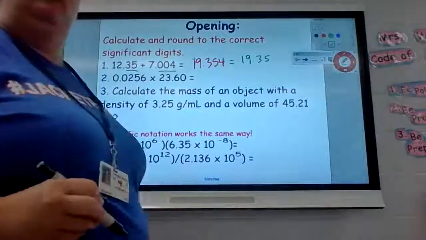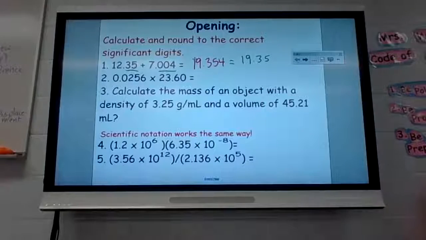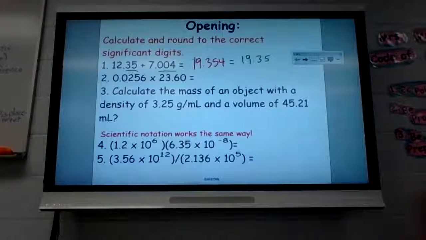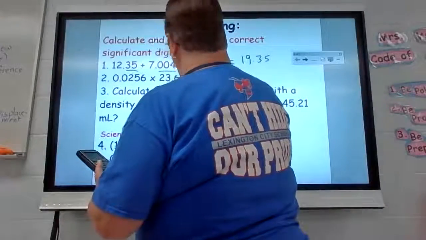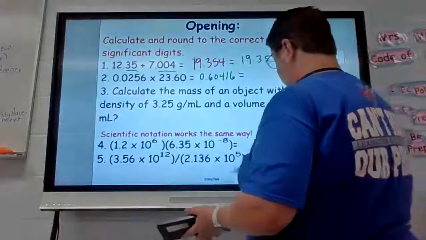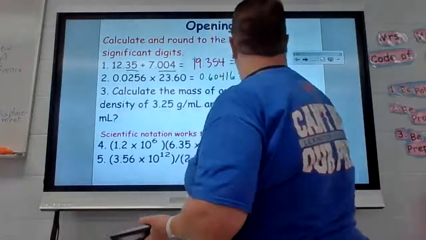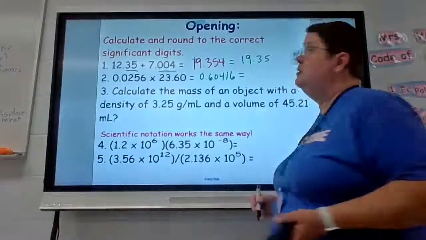Anybody not? All right, so on the second one, if we multiply 0.0256 times 23.60, I get 0.60416. And this time I'm rounding using multiplication and division, so significant digits.